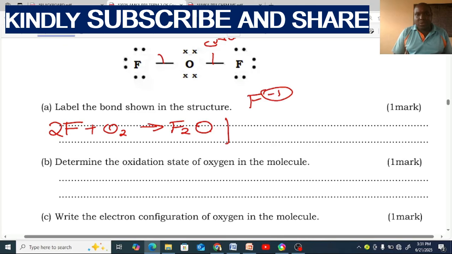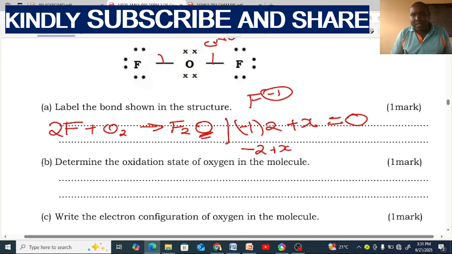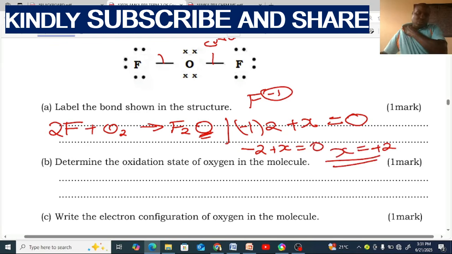So what you do is you say F for F2 is -1 times 2 because of this 2, plus X for oxygen. Because this is a compound, oxygen fluoride is a compound, so it's going to be 0. Therefore, we have -2 plus X is equal to 0. It means that X for oxygen is going to be +2. So the oxidation number is +2 for oxygen in the compound.